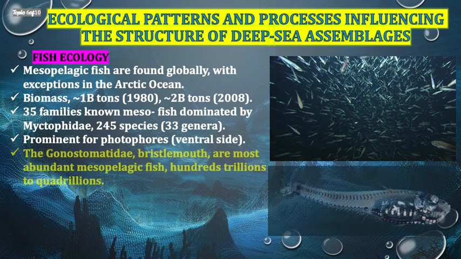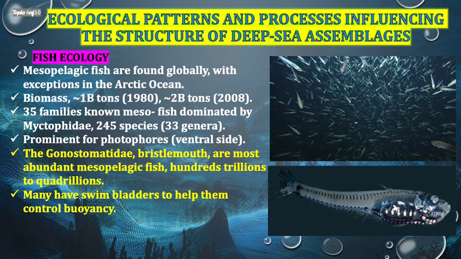Okay, so until just recently, the bristlemouth in this photo here at the bottom has become the most abundant fish in the ocean, with hundreds of trillions or quadrillions of tons of biomass recorded.